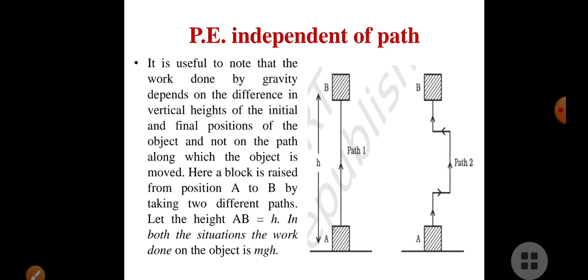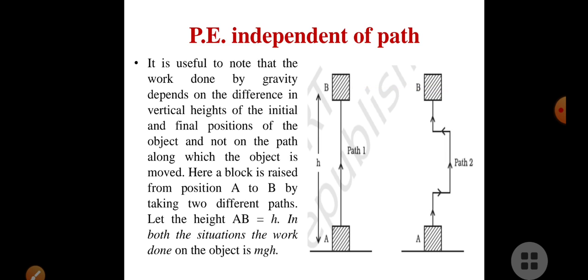Like in the exam, two pictures can be given to you, and the question can be asked that in which case, case 1 or case 2, the object at a height is possessing more potential energy. So the answer should be that both objects have the same potential energy because both objects are at the same height.